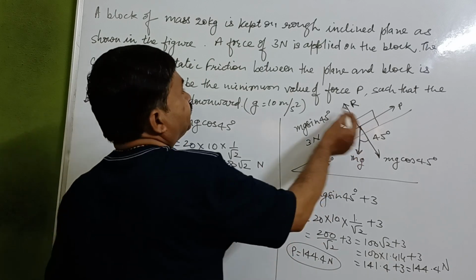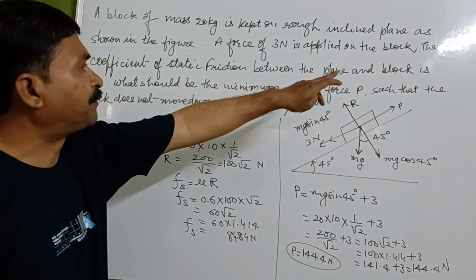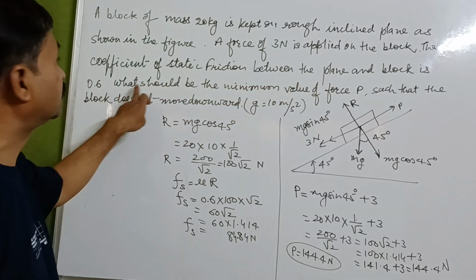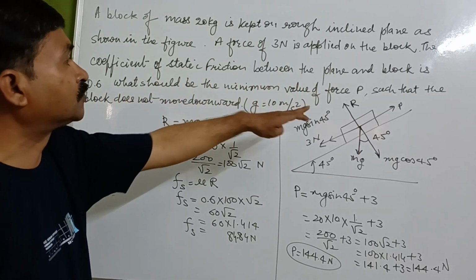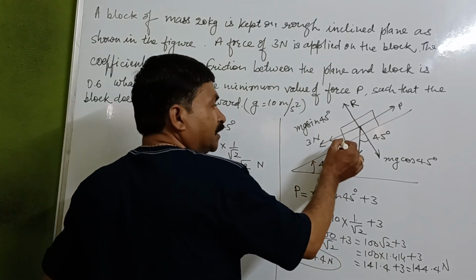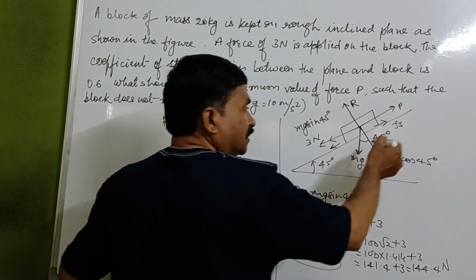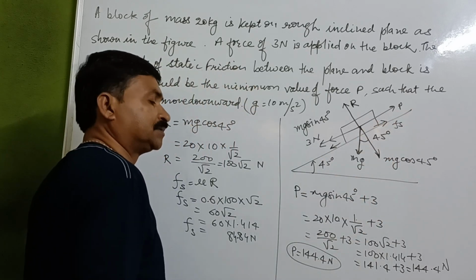Now if we see the block, the coefficient of static friction between the plane and the block is 0.6. What should be the minimum value of force P such that the block does not move downward? If it moves downward, the force of friction will act in this direction, opposite to this.